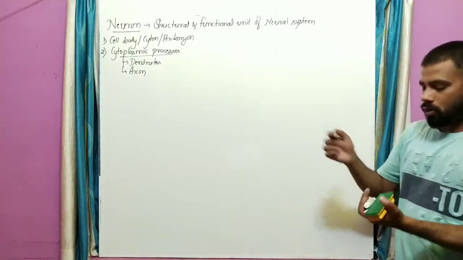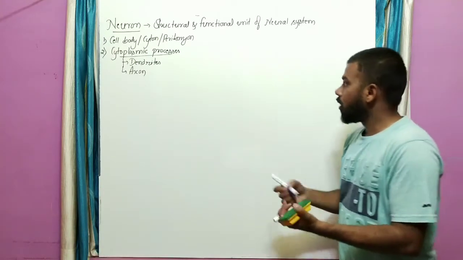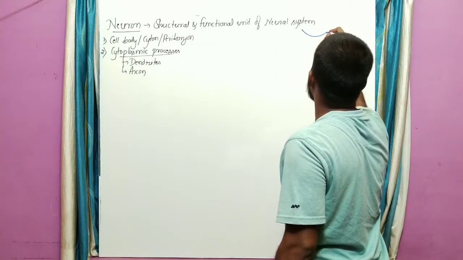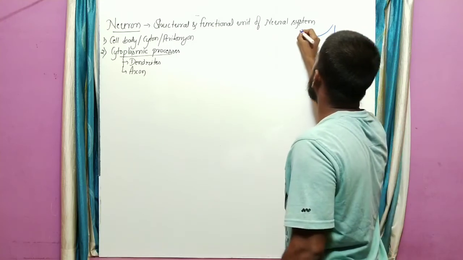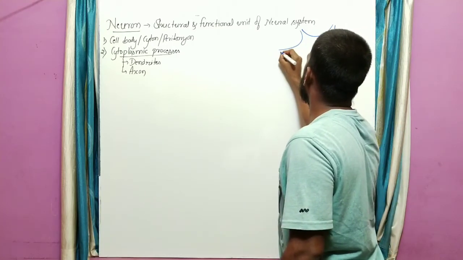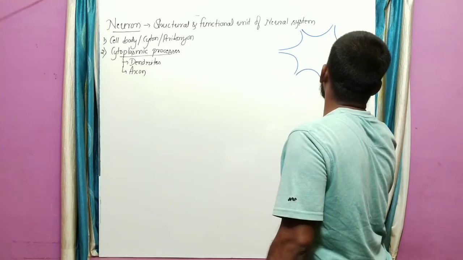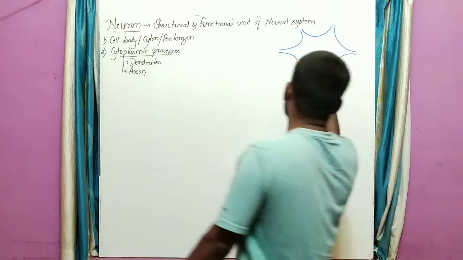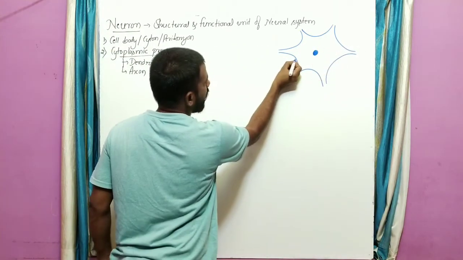So let us have a look at how this neuron structurally looks. Neuron has a cell body called cyton. This is the cyton, which has a large central prominent nucleus.